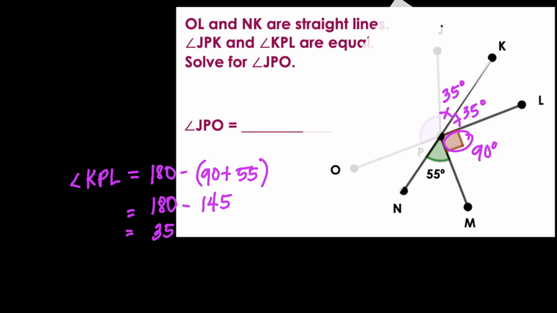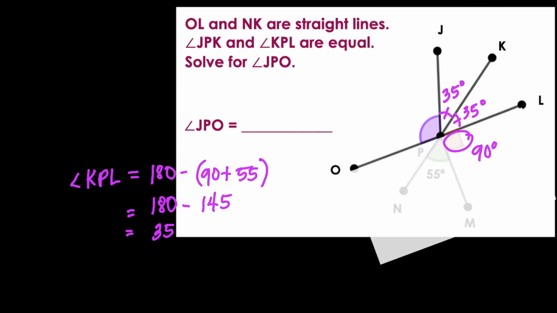Now, we can focus on the line OL. Since OL is also a straight line, I can get the missing angle JPO by subtracting from 180 the sum of 35 plus 35. So let's try that out.